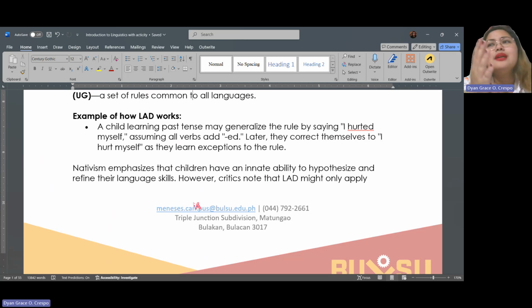But come to think of it, they imitated you, and then they add the things that they already have. So it becomes hurted. So nativism emphasizes that children have an innate ability to hypothesize and refine their language skills.